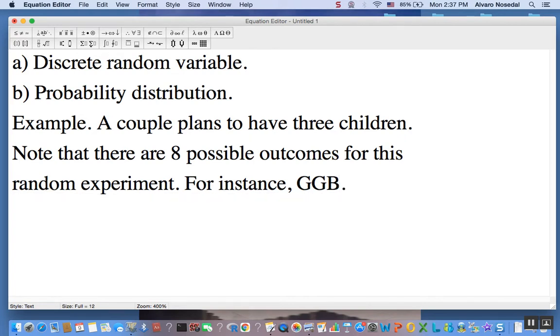And what that sequence means is that the first child was a girl, the second child was a girl also, and the third one was a boy.